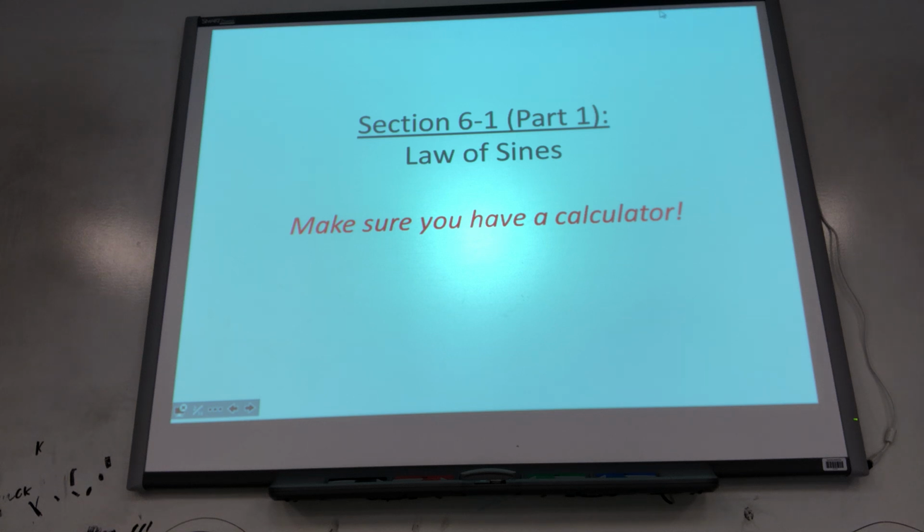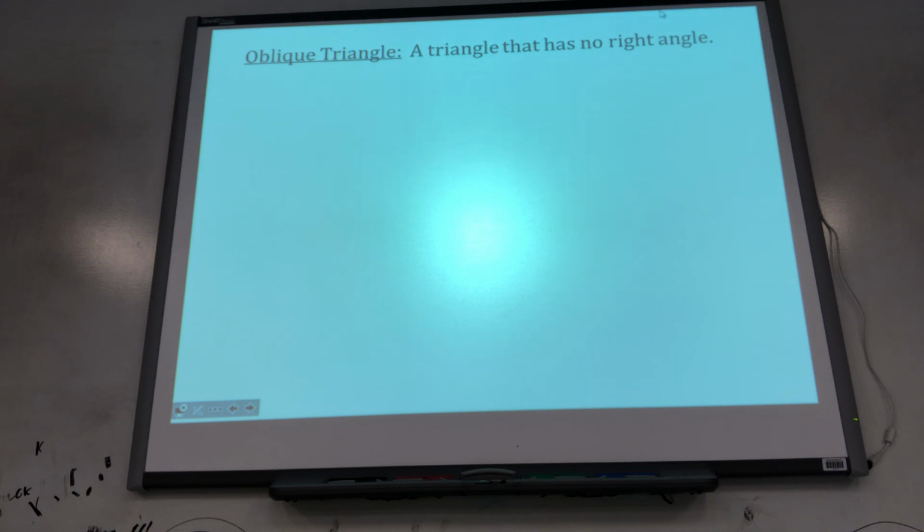But there will be a few things to write down right off the bat here, just because this is a new topic, law of sines, something we haven't really dealt with before. Now, here's a big difference between what we've done before and what we're doing today. Today, with the law of sines, we are dealing with oblique triangles.